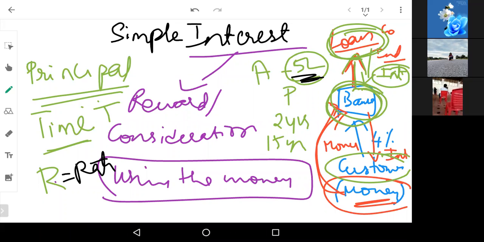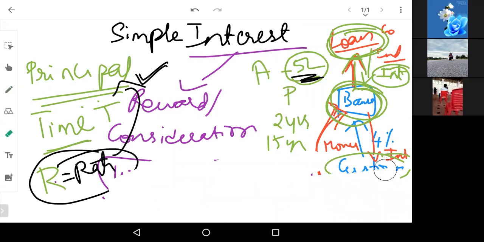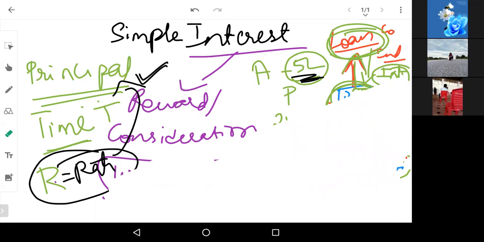So the formula of the interest is calculated on the principal. The percentage of interest is calculated on the principal. Now, simple interest is nothing but directly on principal.